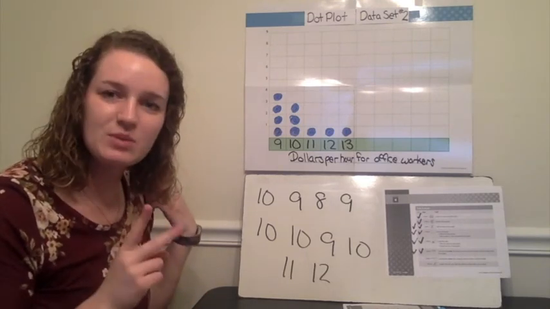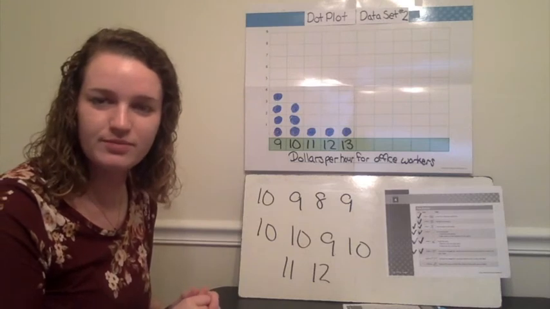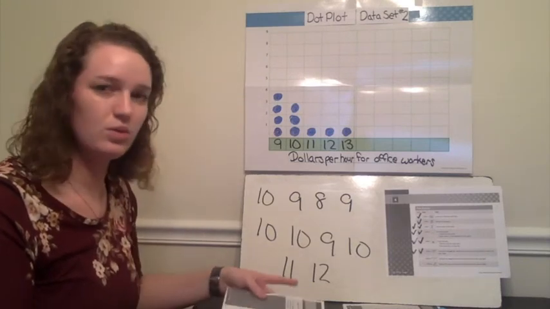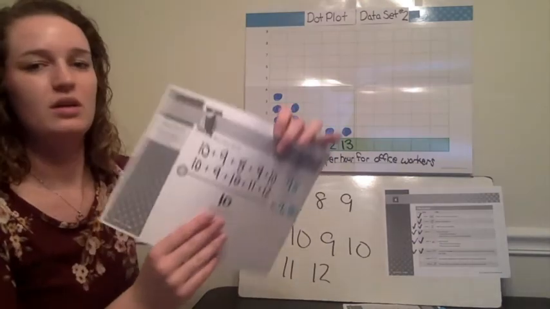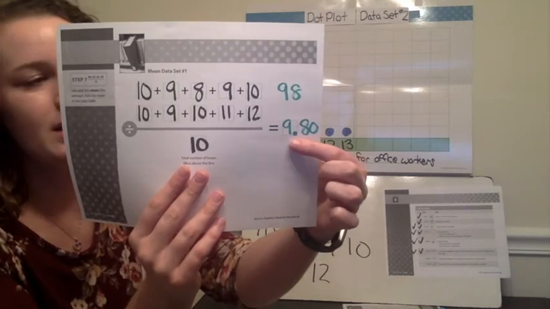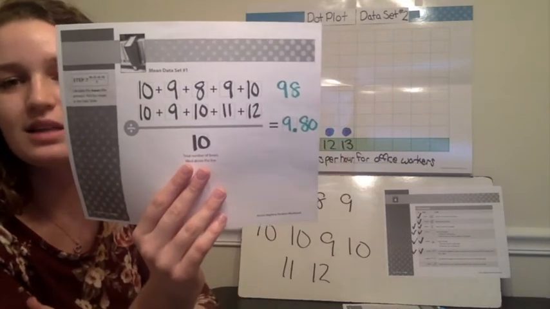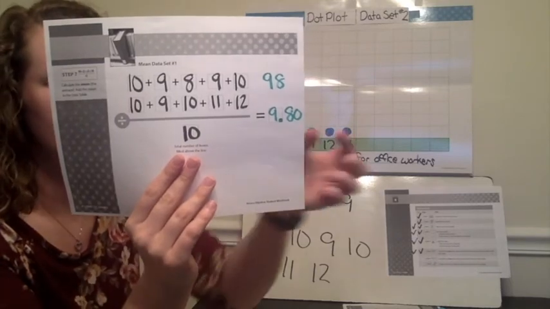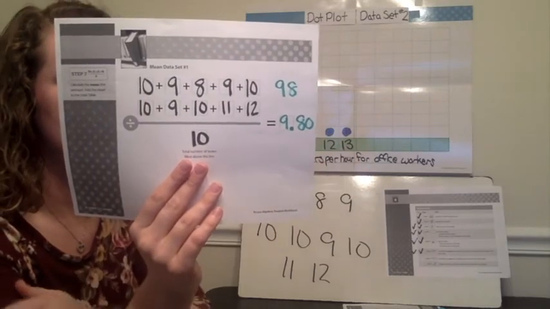How many decimal places do you think we should have? We should have 2. So I wrote $9.80. Okay, so I write it just like that, $9.80.